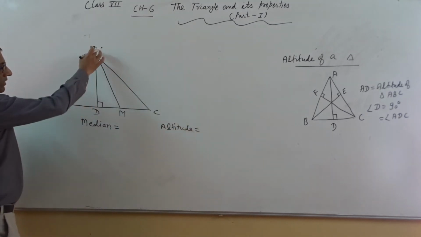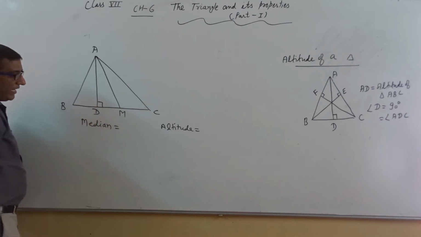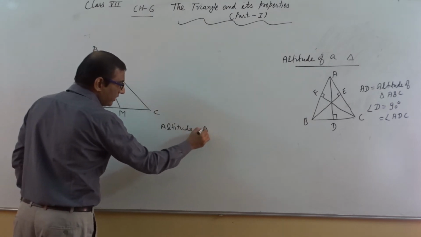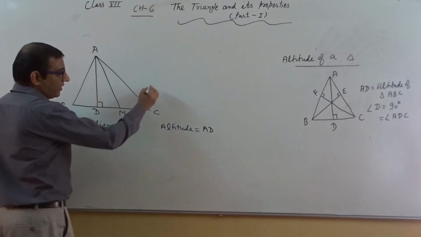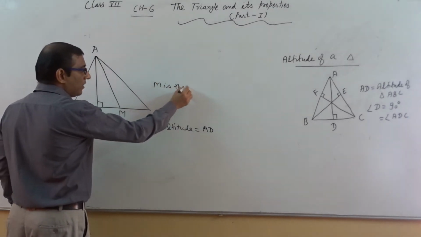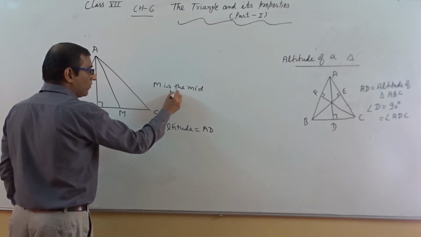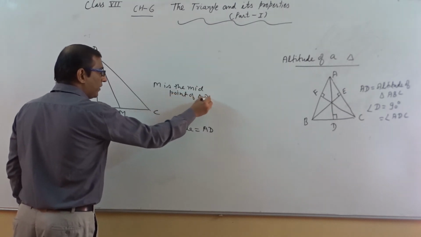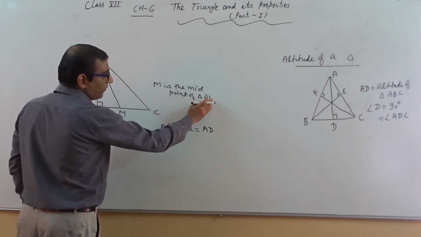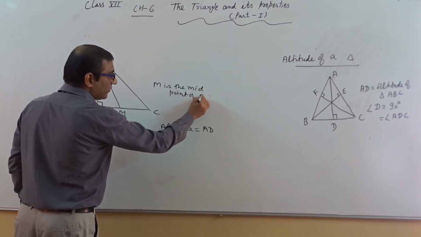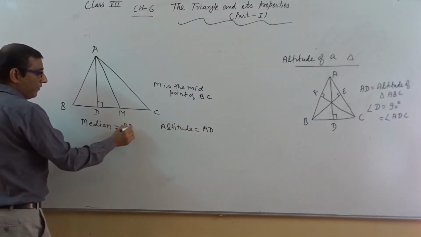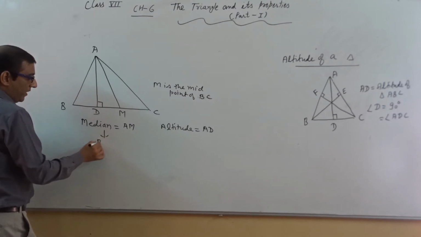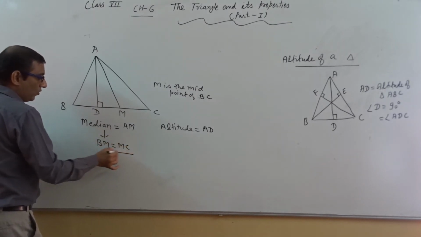So as you see here, AD, where D is related with 90 degree, AD is a height of this triangle ABC, so we can say altitude is AD. Okay, and if I am saying M is the midpoint of side BC, then we can say median is AM, because in this case BM and MC both are equal.